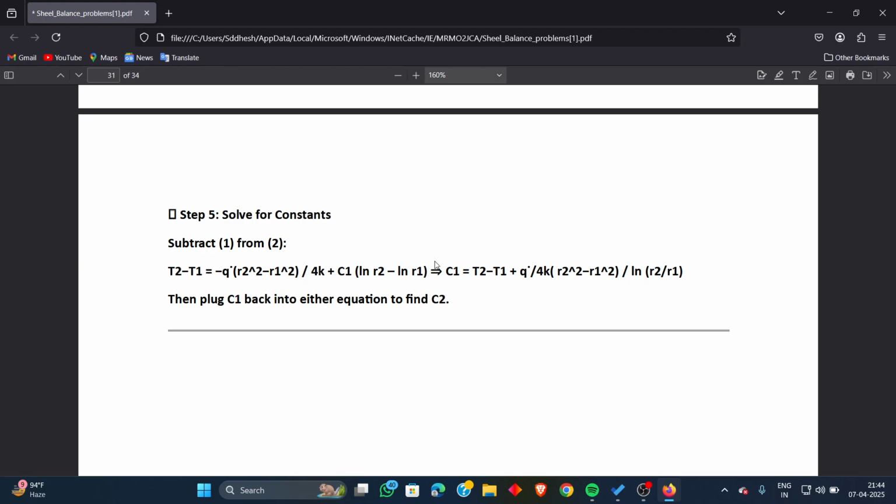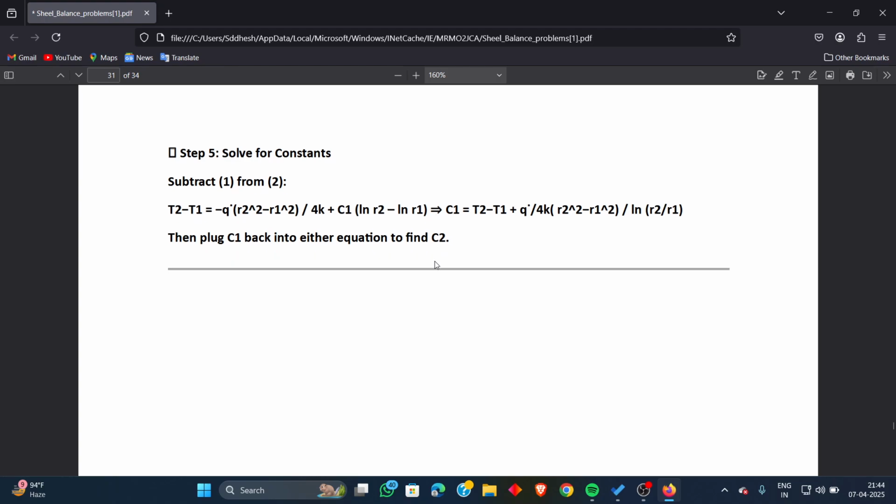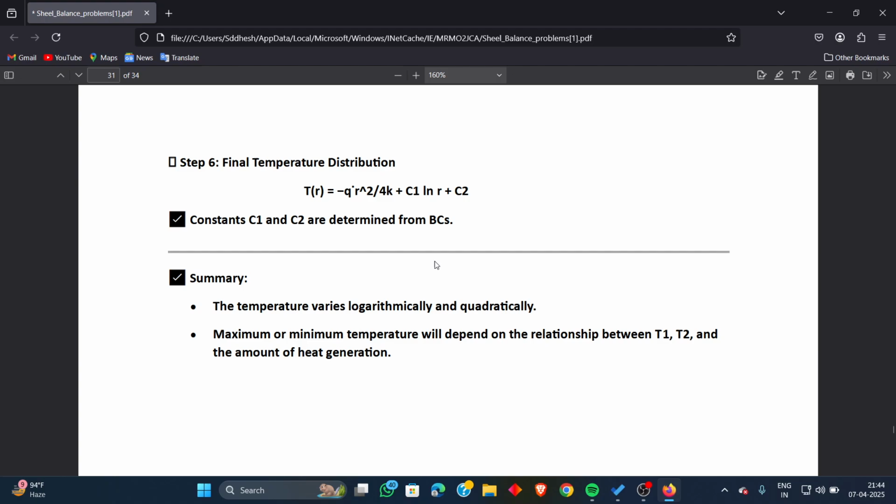Then plug C1 back into either equation to find C2. Step 6. T(r) = -q̇ r²/4k + C1 ln r + C2. Constants C1 and C2 are determined from the boundary conditions.